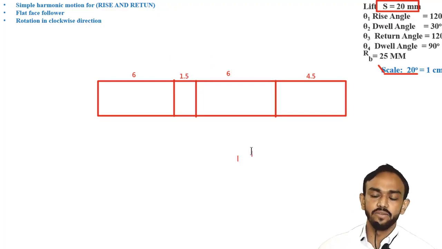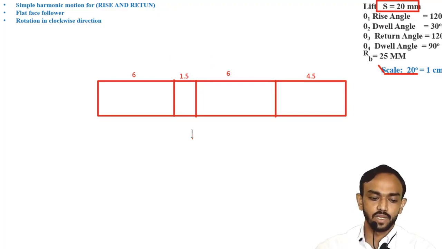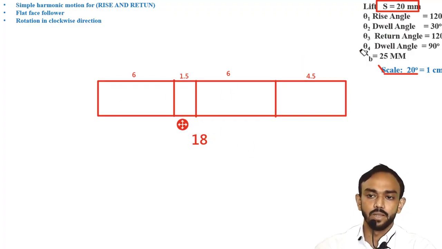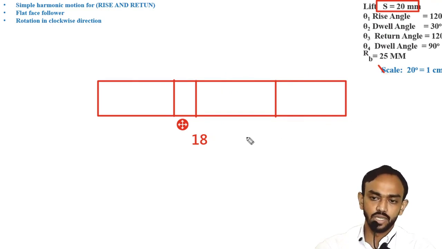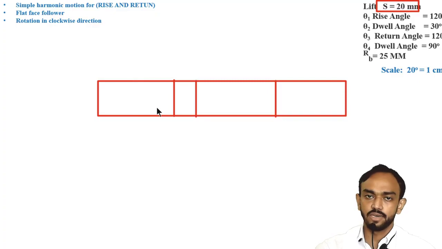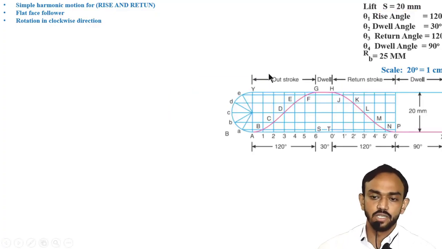That's how you divide the total 18 centimeter into 4 parts, theta 1, 2, 3, 4. And after that, you divide 6 parts of rise and 6 parts of return, and so this is your displacement diagram for simple harmonic motion.